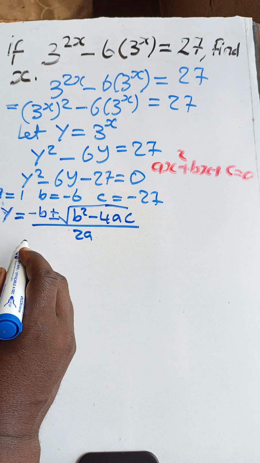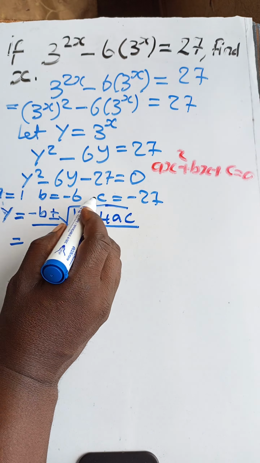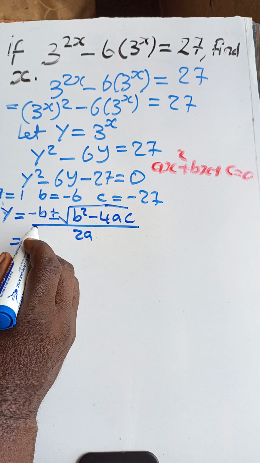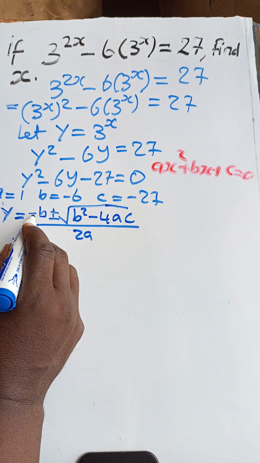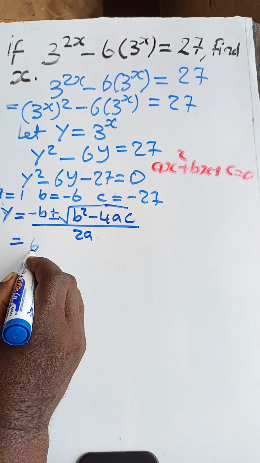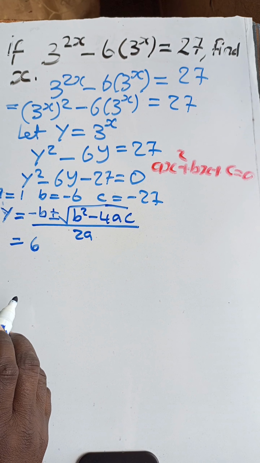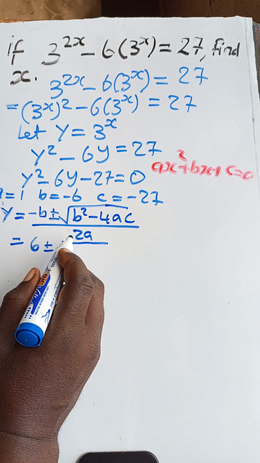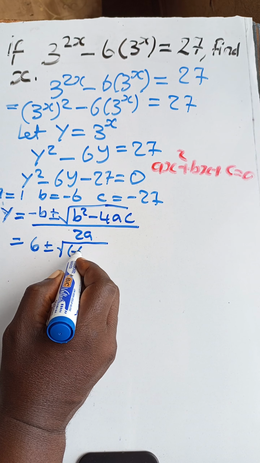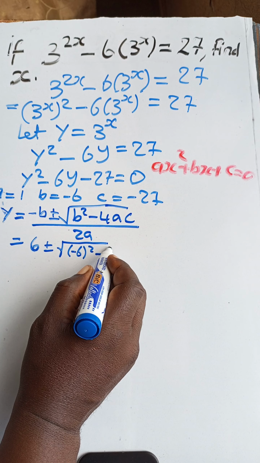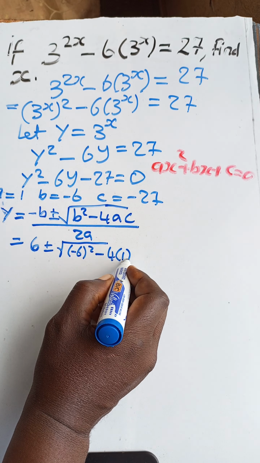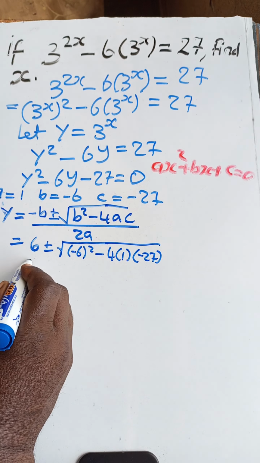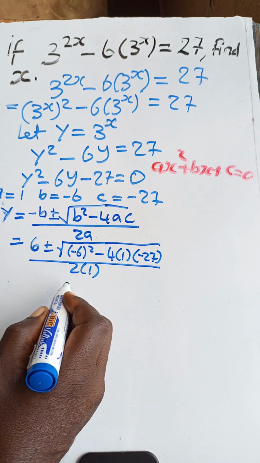Okay, so we now plug in these values of a, b, c carefully. We have b is negative 6. Negative is already here, so it now becomes positive 6. Plus or minus the square root of b squared, remember b is negative 6 squared, minus 4 into a c, negative 27, all of that divided by 2a.